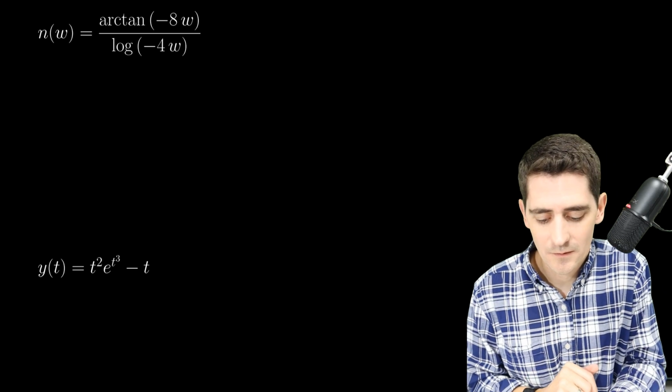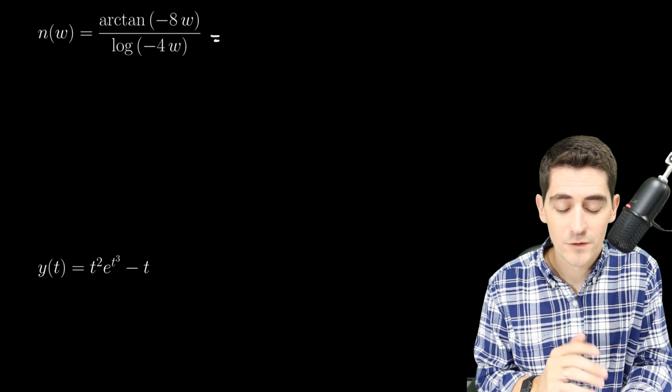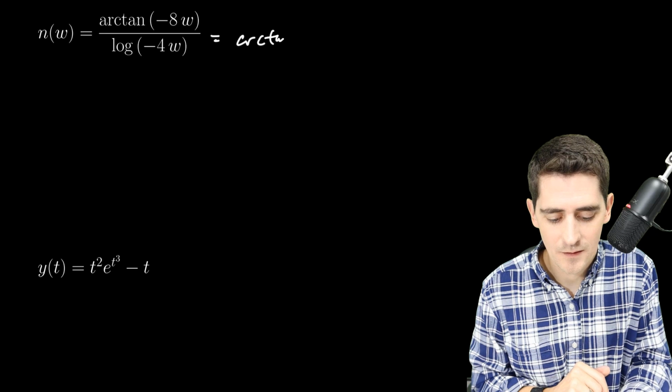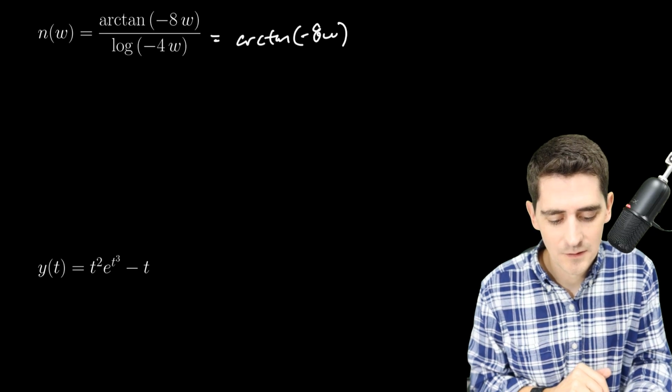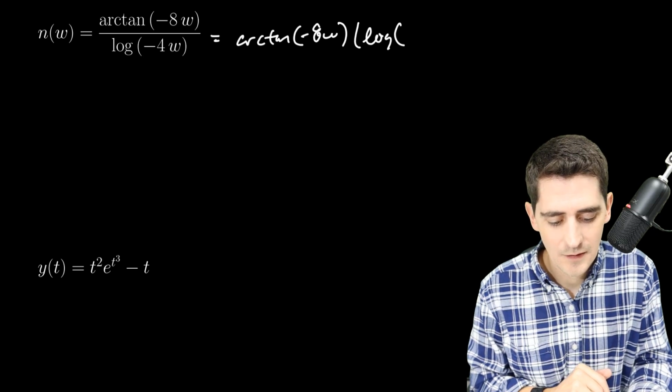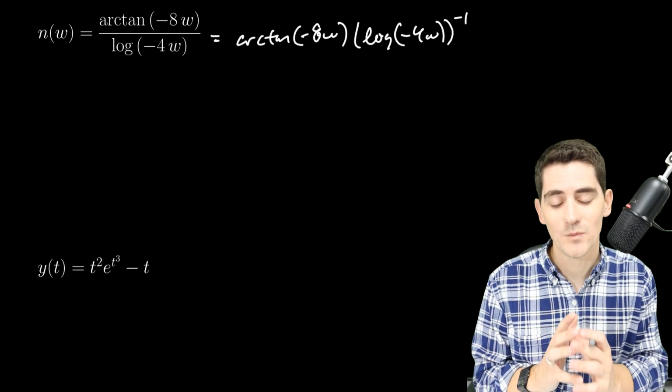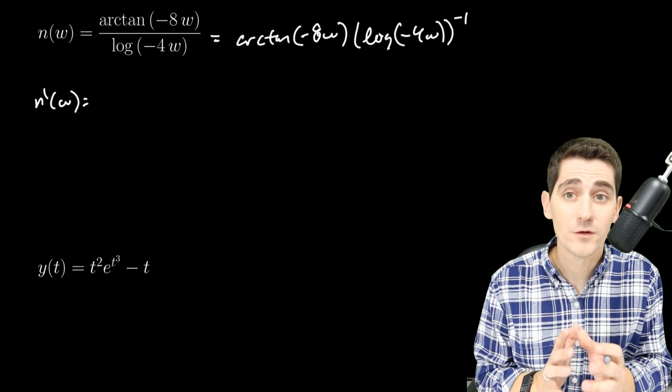Similarly with n of w, instead of doing quotient rule this time, I'm going to write this as arctan negative 8w times log of negative 4w to the negative 1 power, and I'm going to use product rule this time. But quotient rule would work.